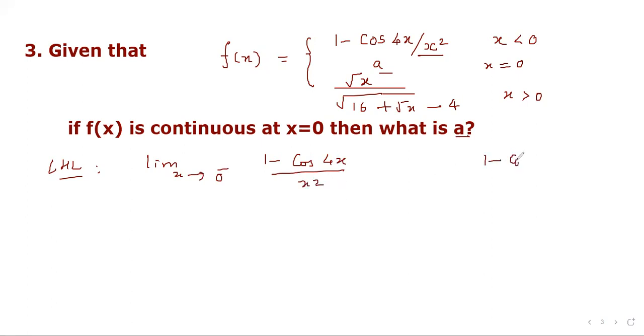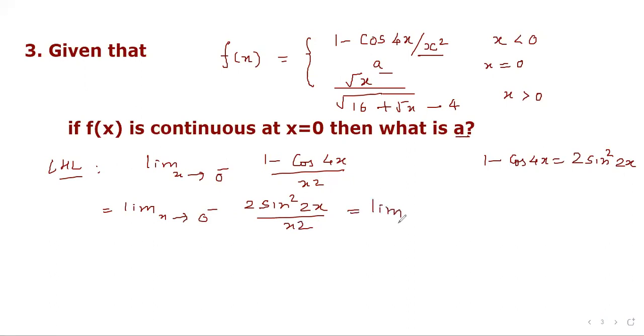But 1 minus cos 4x will become 2 sine square 2x. So limit x tends to 0 minus 2 sine square 2x divided by x square. So we can write it as limit x tends to 0 minus 2, then (sine 2x divided by 2x) whole square multiplied by (2x) whole square divided by x square.